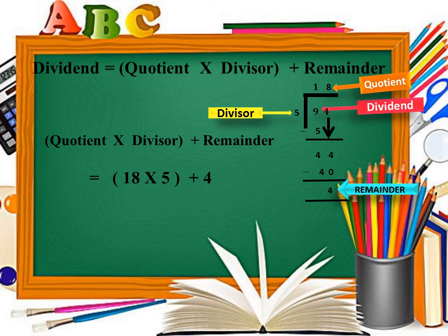So 18 into 5 plus 4. First multiply 18 into 5. 18 5s are 90 plus 4, which is nothing but 94. 94 is our dividend.